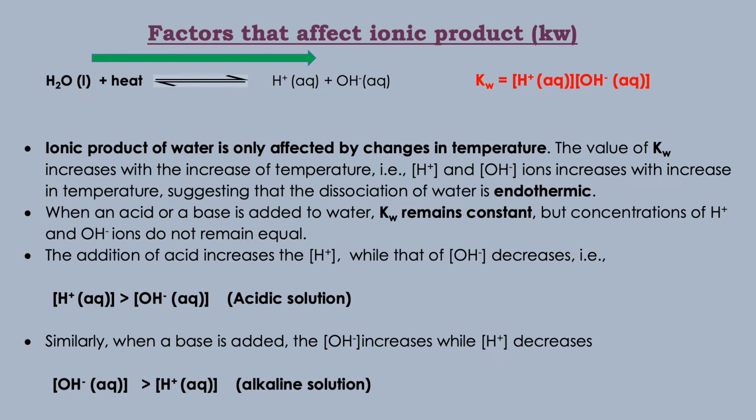So, in an acidic solution, the concentration of H+ ion is greater than the concentration of OH- ions. Similarly, when a base is added, the concentration of the OH- ion increases, while the H+ ion concentration decreases. So, in an alkaline solution, the OH- ion concentration is greater than the H+ ion concentration.